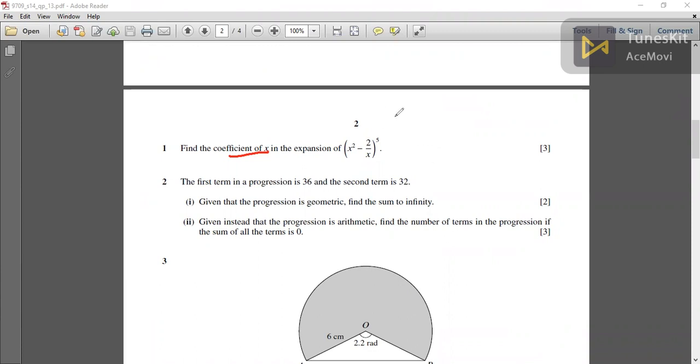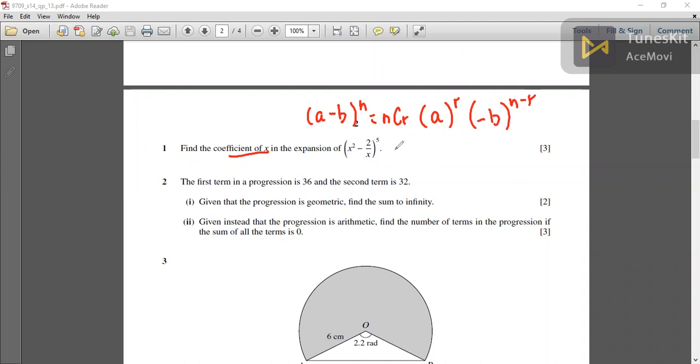If we know the formula for the binomial expansion is nCr, and if we have (a minus b) to the power of n, it will be a to the power of n minus r, b to the power of r. Remember that the plus or minus of the b must be included.